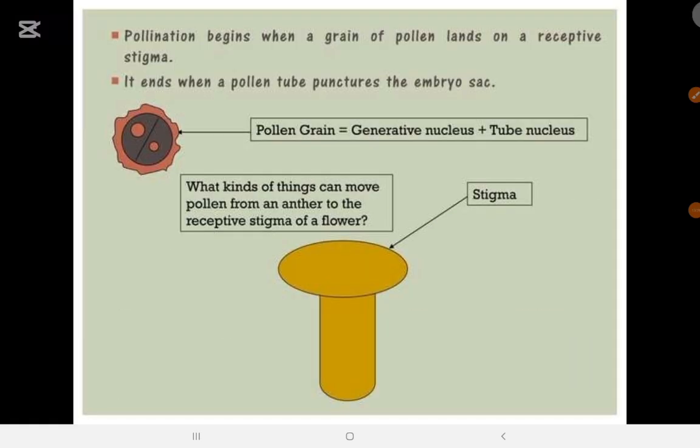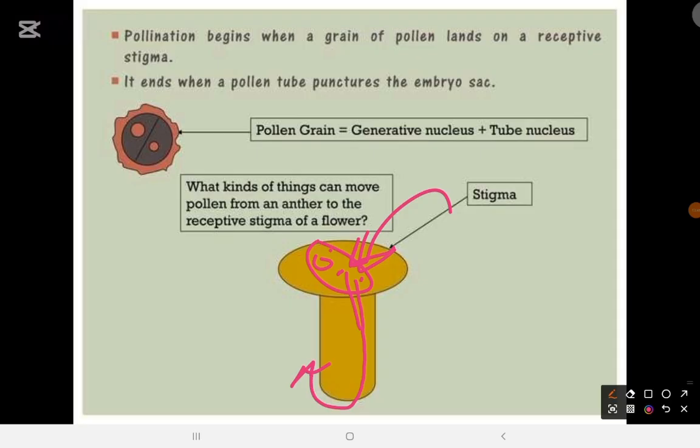Now, pollination begins when a grain of pollen lands on a receptive stigma. It ends when the pollen tube punctures the embryo sac. So pollination is from the landing of the pollen on the stigma, down to when the pollen tube that grows enters into the embryo sac, because immediately after that is where fertilization begins.